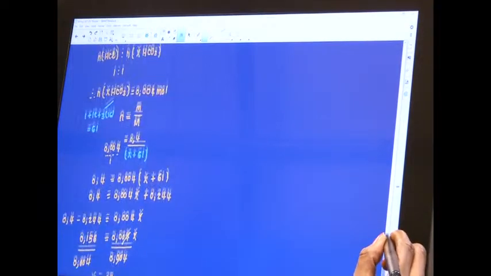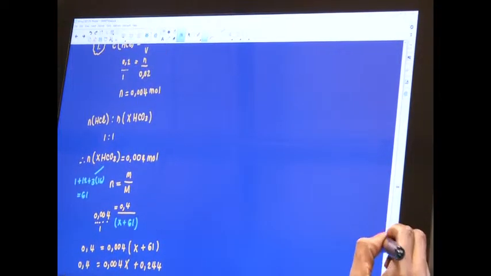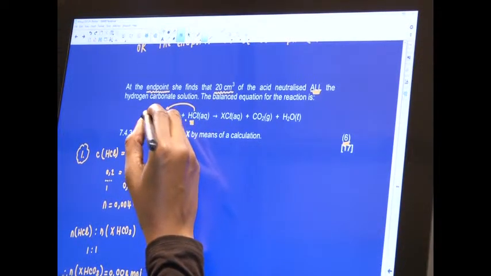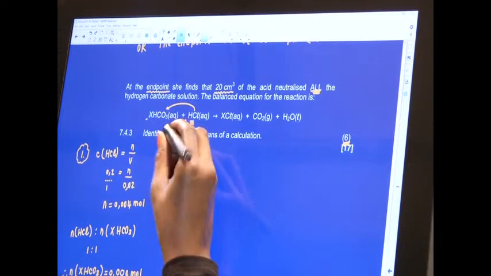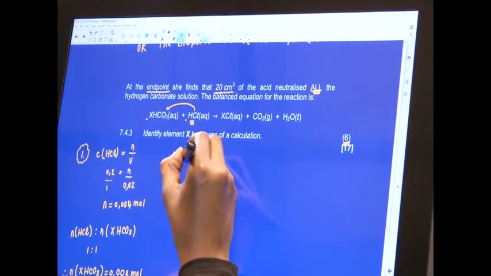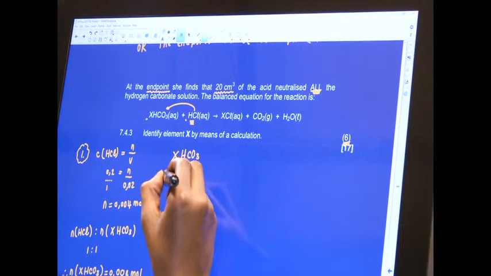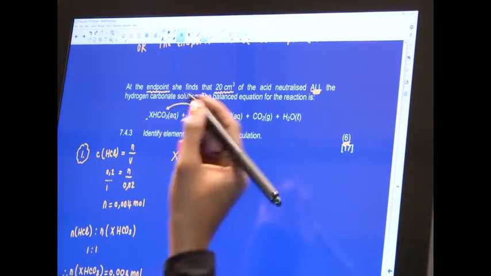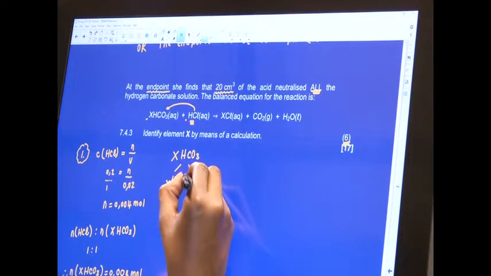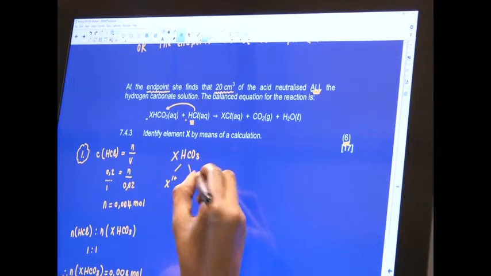I just wanted to double check if we are correct. Let me take it from here. As you can see here, if we removed X, X has nothing attached to it. I just want to show you something, how you can actually double check your answers. HCO3. If I was to remove X, if this molecule dissociated, I'll have X, which will be 1 plus. Then I'll have HCO3, 1 minus.